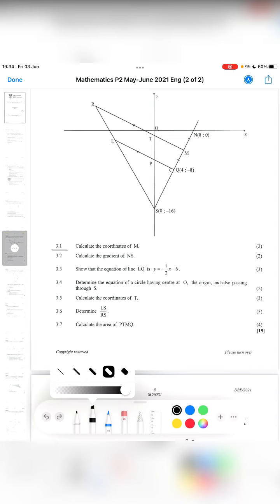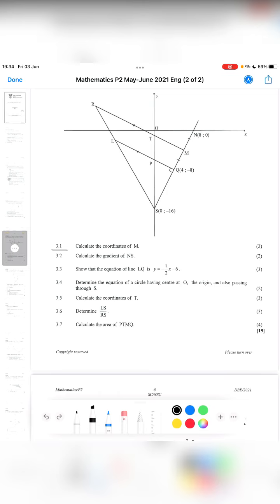So let's see. You are given a question which says calculate the coordinates of M. So now, how do you identify the cream of a question? I know it's easy, but I just want you to have an idea of what I'm talking about. So that means on the upcoming questions, I won't really have to go word to word to explain what is the cream of the question. So I will just use this first question. 3.1 says calculate the coordinates of M.